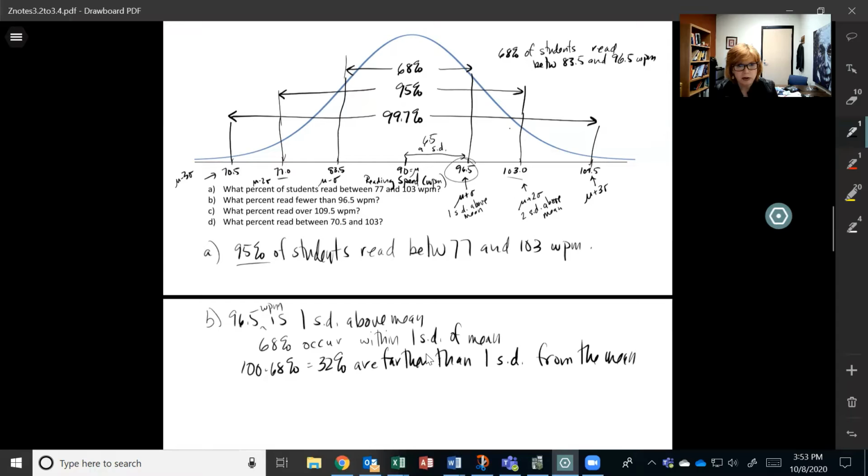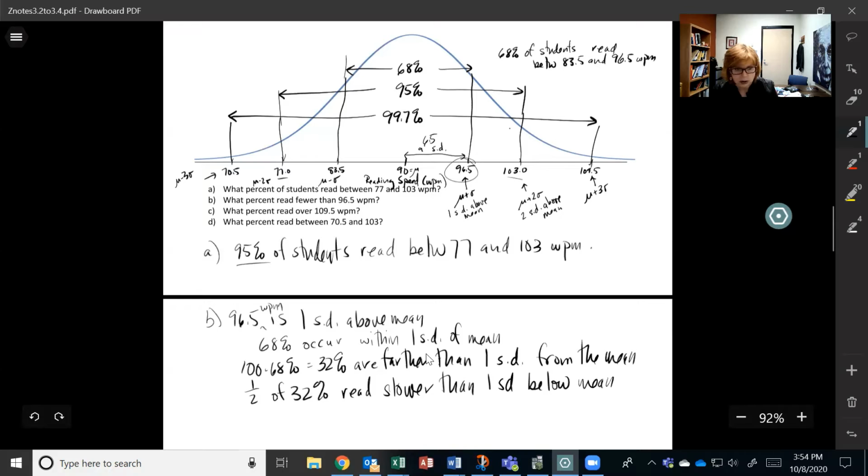So these reading speeds, 96.5 and bigger and 83.5 and slower, those are all more than 1 standard deviation of mean. All right, and half of those are over here and half are over there. So half of the 32% read slower than 1 standard deviation below the mean. And half of that 32% read faster than 1 standard deviation above the mean.